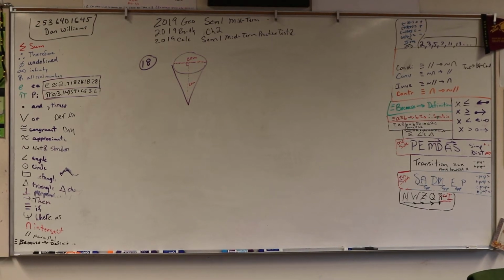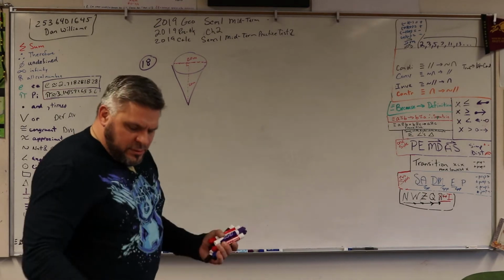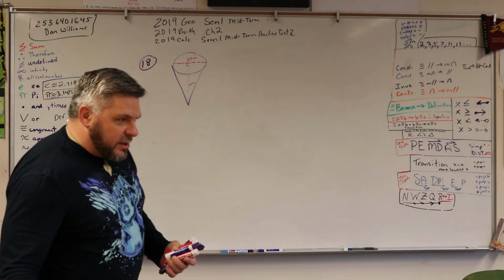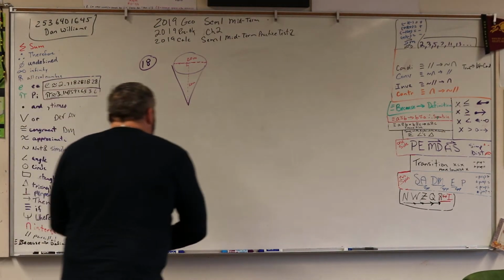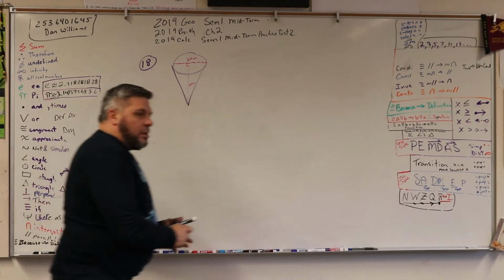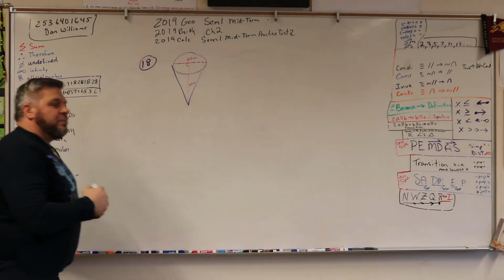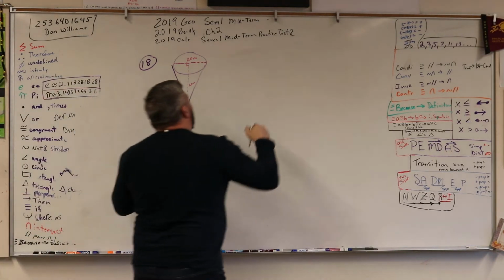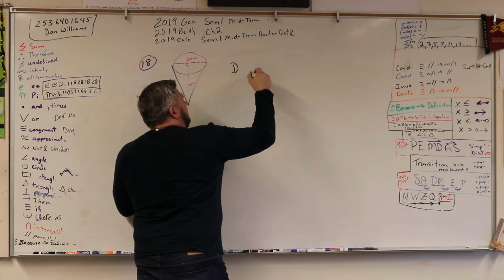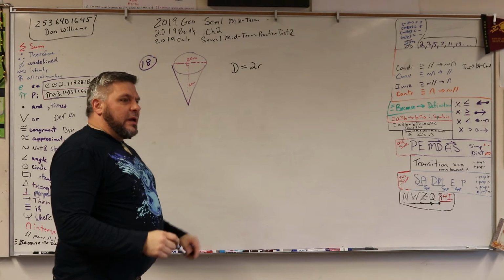Here we go. So we got problem number 18. Take a look up here. They're giving you the diameter, okay? So you have to remember the diameter is equal to 2r.